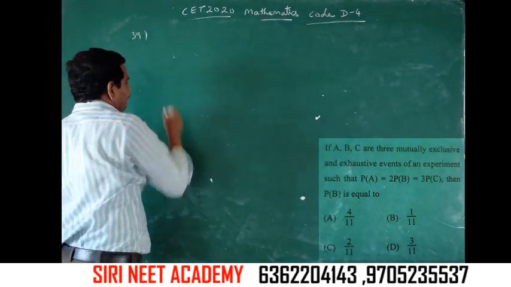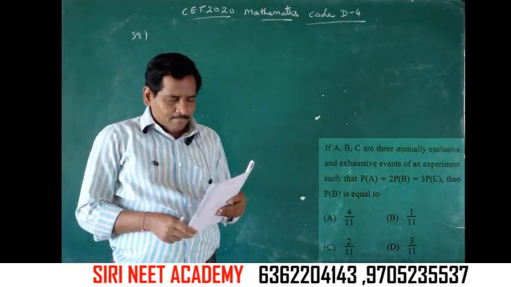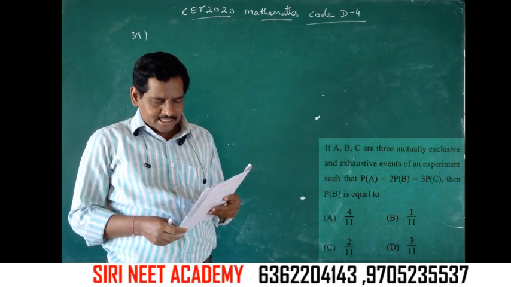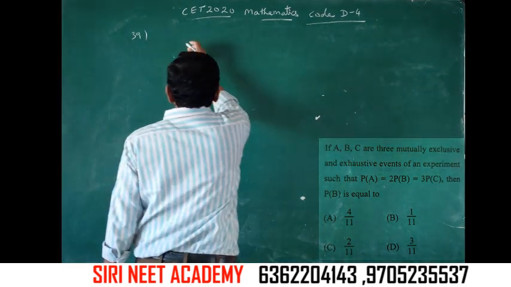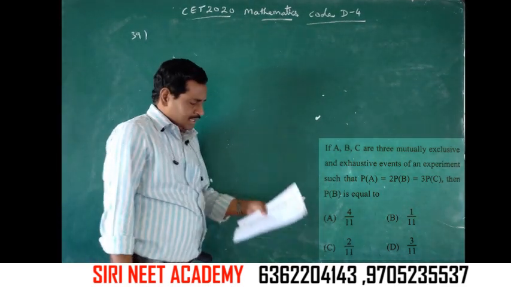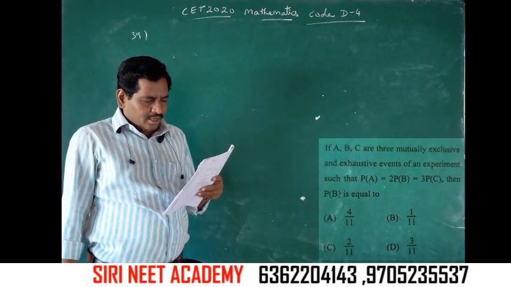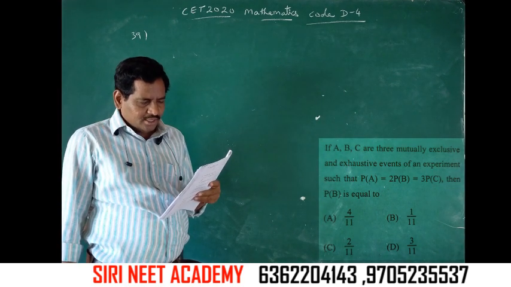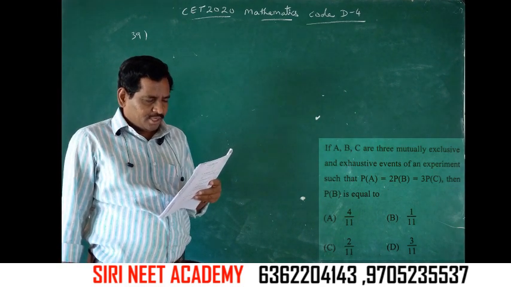39. This is from probability. A, B, C are three mutually exclusive and exhaustive events, and P of A is equal to 2 into P of B, that is equal to 3 into P of C. Then what is P of B?